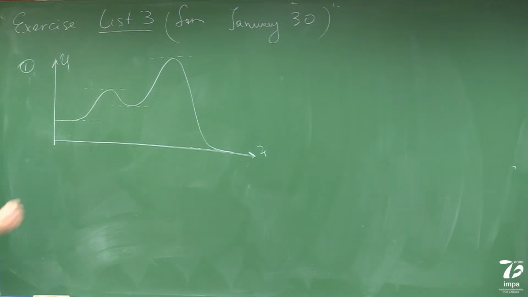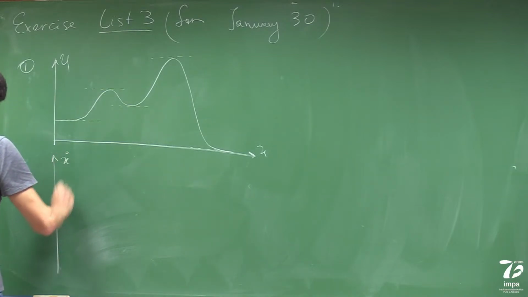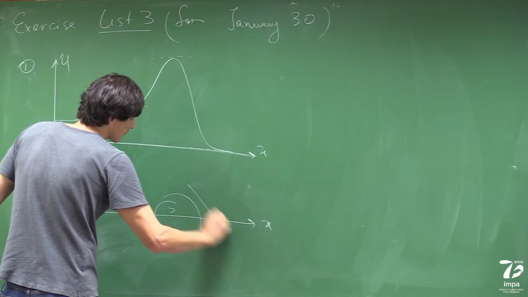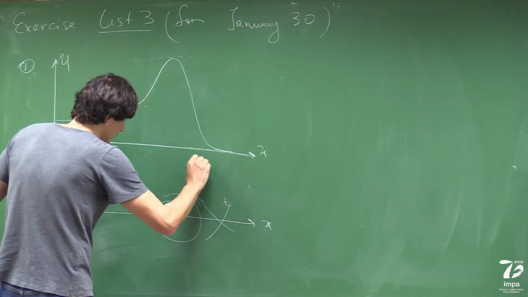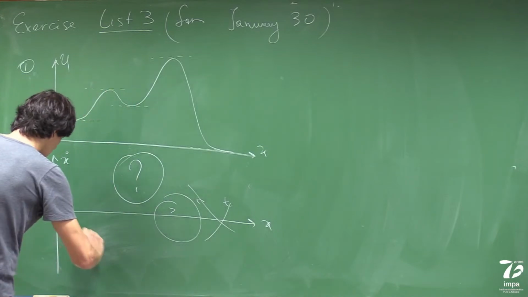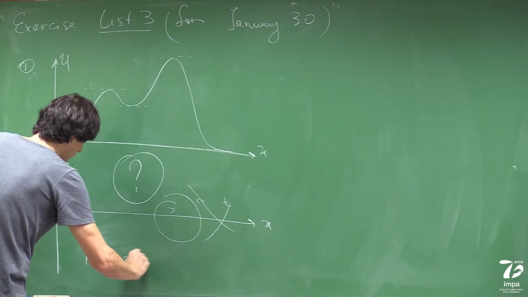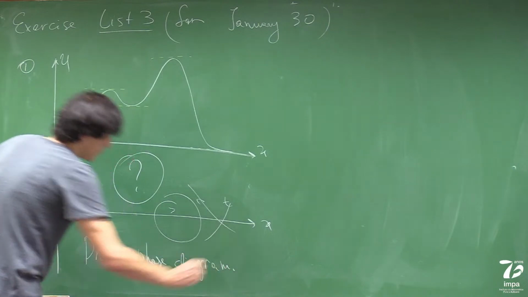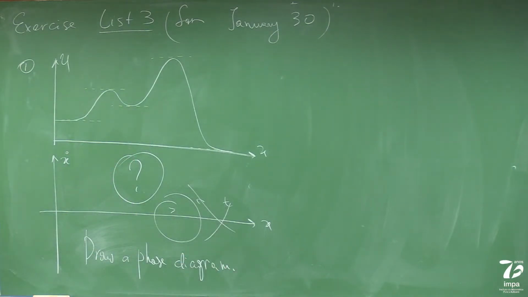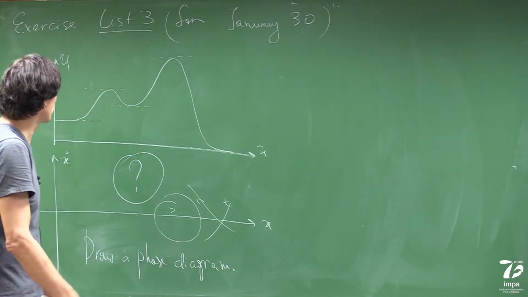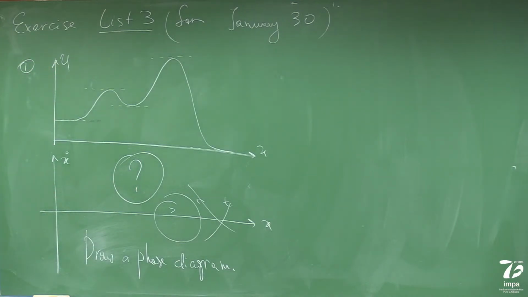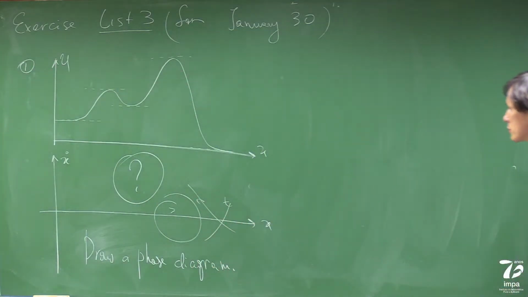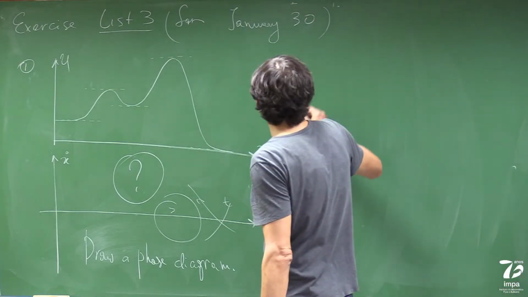What I want is to draw a phase diagram. Remember we did this. So draw a phase diagram for the system with this potential, without dissipation, so just for the original Lagrangian problem.